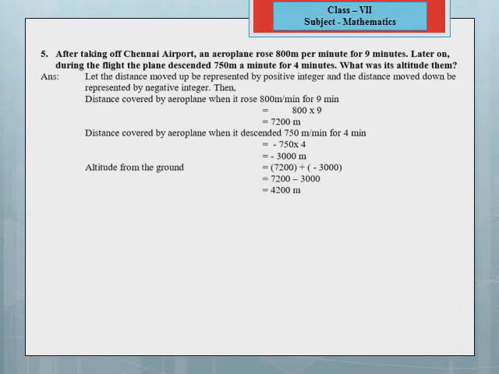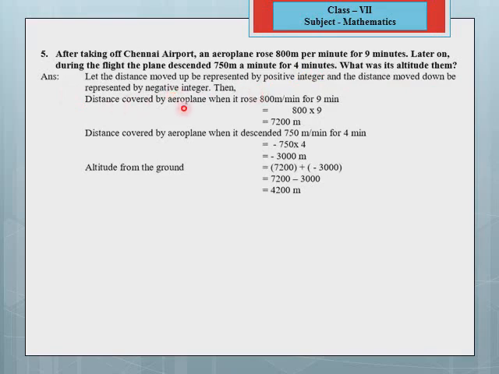After taking off from Chennai airport, an aeroplane rose 800 meter per minute for 9 minutes. Later on, during the flight, the plane descended 750 meter a minute for 4 minutes. What is the altitude then? Now let the distance moved up be represented by positive number and the distance moved down be represented by negative integer.